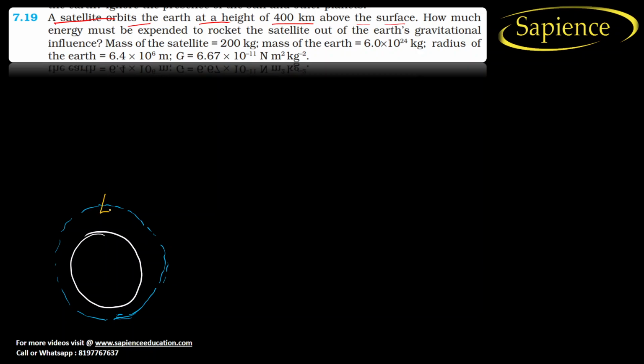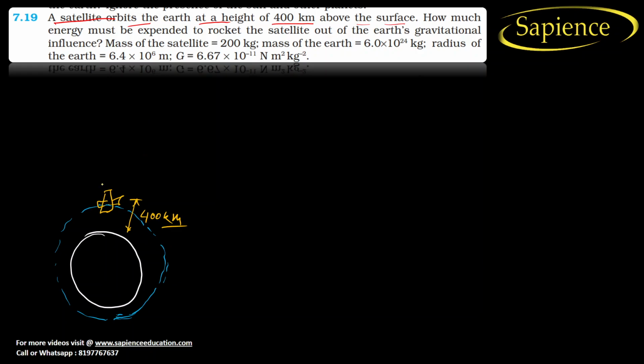This is the satellite, and they are telling us that the satellite is at a height of 400 kilometer from the Earth. So this is 400 kilometer, and it is orbiting above the surface of the Earth. How much energy must be expended to send the satellite out of the Earth's gravitational influence?